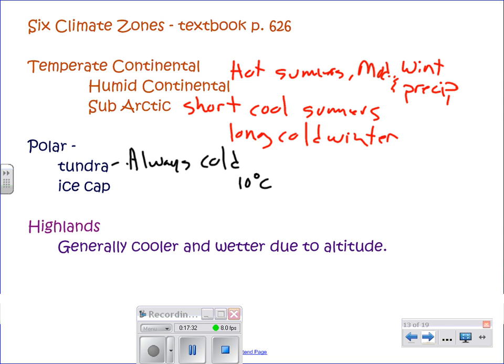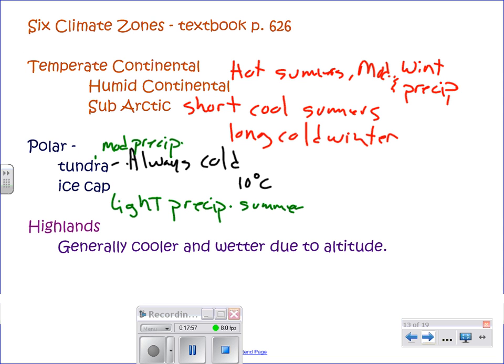And ice cap, which is going to be cool short summers, long cold winters, light precipitation, mainly in the summer. So the big difference between these two, this has light precipitation in the summer, and the tundra had moderate precipitation year-round.